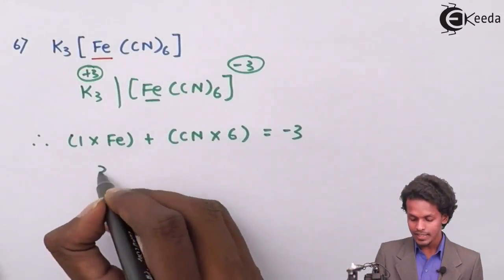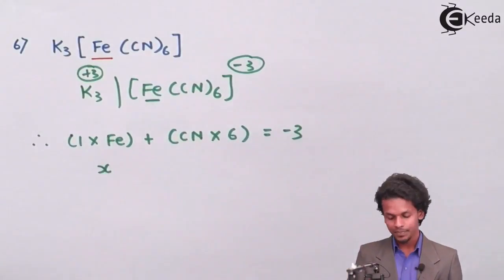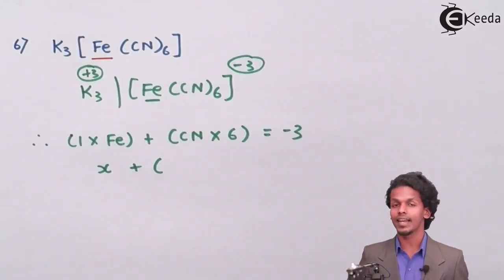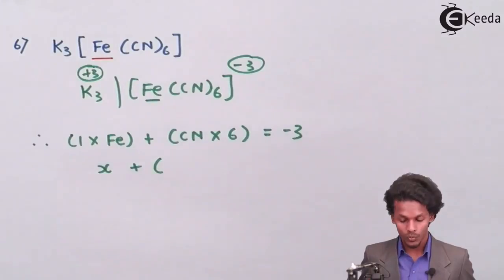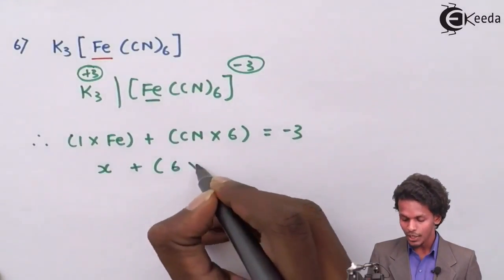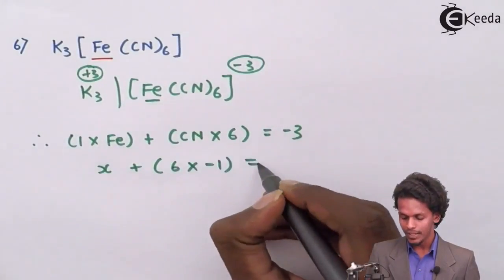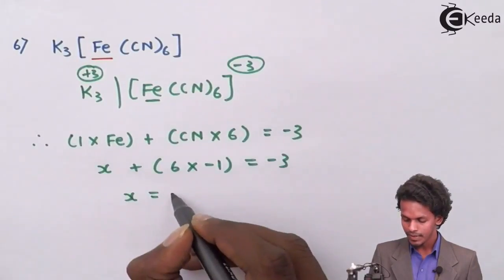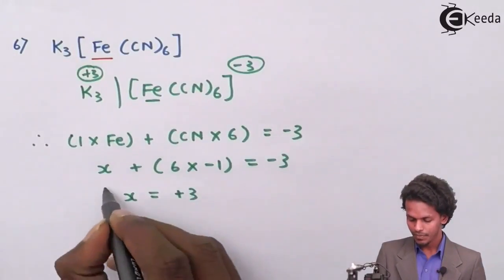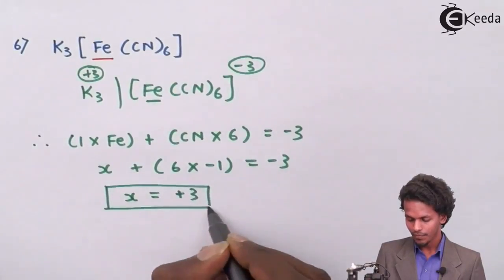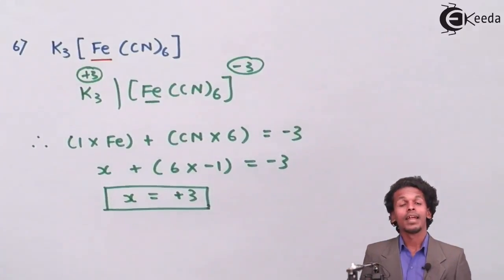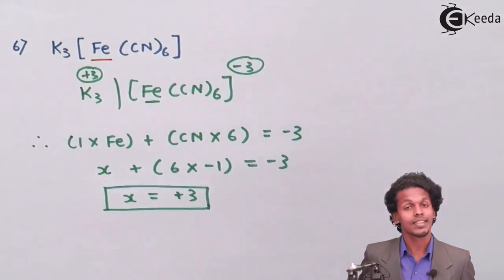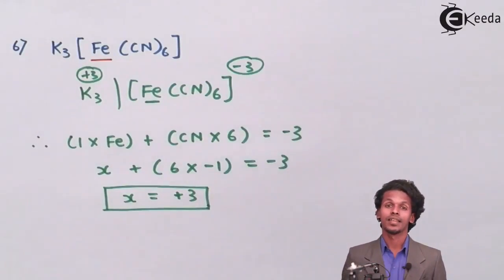So Fe has the value X, while it is known that the oxidation number of cyanide is -1. So therefore 6 into -1, we'll get an equation, and X equals +3, and hence the oxidation number of iron in this complex is 3 plus.